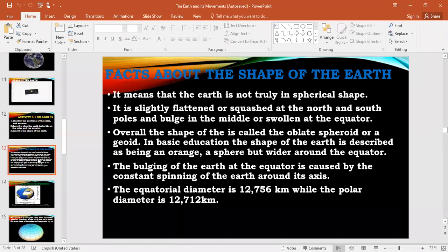In basic education, the shape of the Earth is described as being like an orange. If you look at this orange I'm using, it is flattened at the top, and flattened at the bottom. This is the northern pole, this is the southern pole. Then it is bulged at the equator. But if you check the cricket ball, it's not like that.